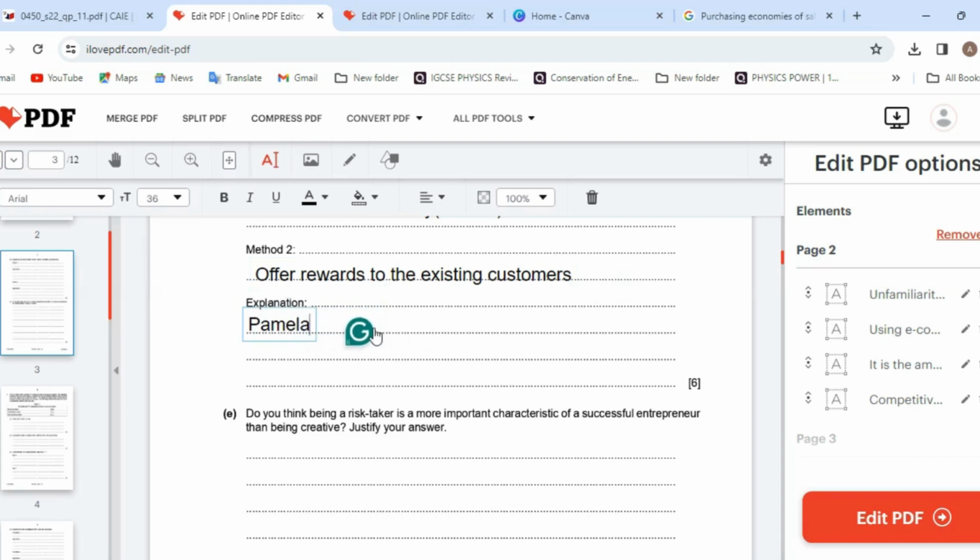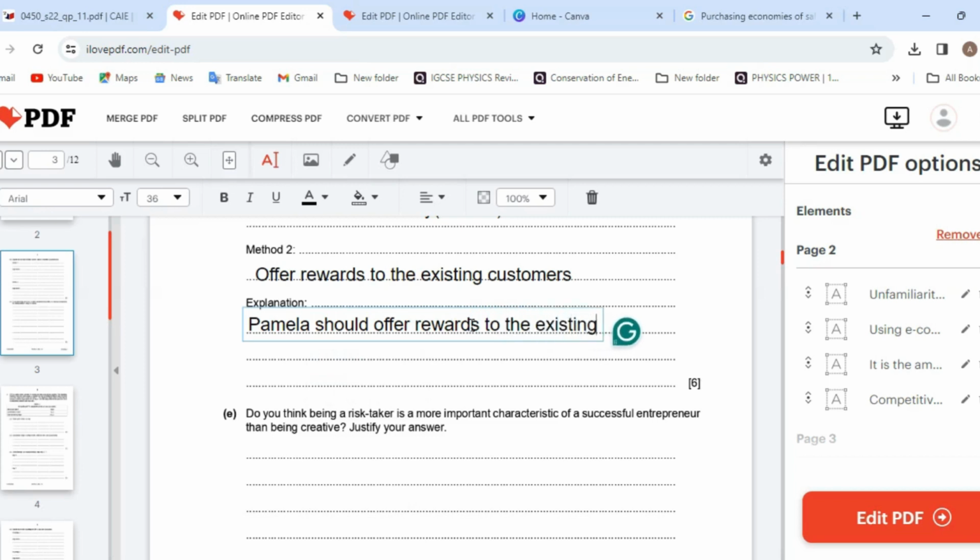You can say Pamela should offer rewards to the what?